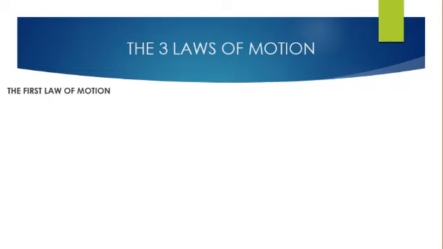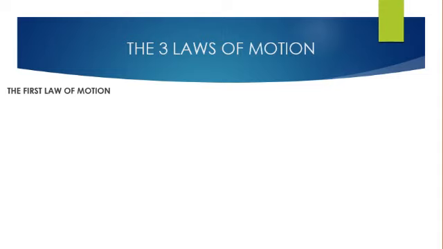The first law of motion simply states that a body continues in its state of rest or motion in a straight line, provided that it's not disturbed by an external force.